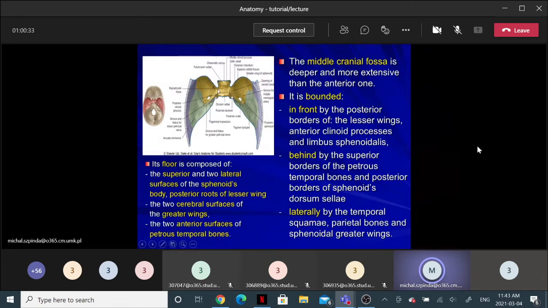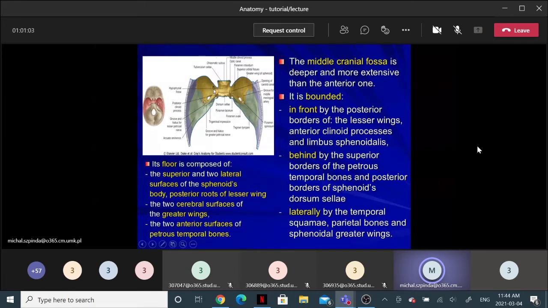You know that the middle cranial fossa comprises the greater wing. So which foramina do we have within the greater wing? Normally, we have three foramina along an arcuate line, like this.